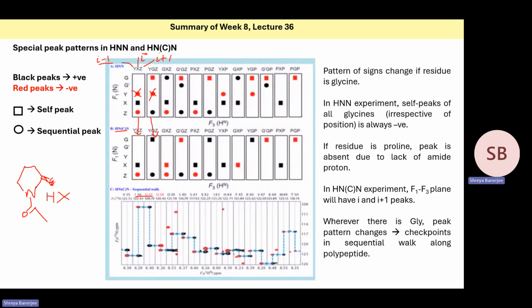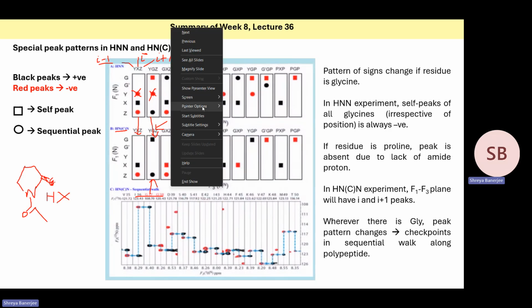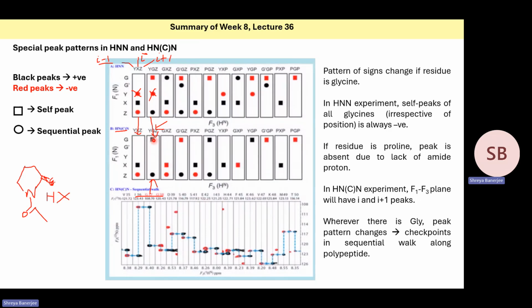Now the sequence is IGQ, where glycine is in the I position. So glycine in the I position means it is this case, and this and this will correspond. When glycine is in the I position, both self and sequential peaks are positive. You can see both are positive.